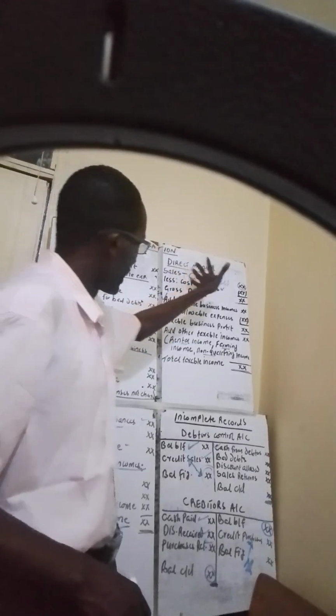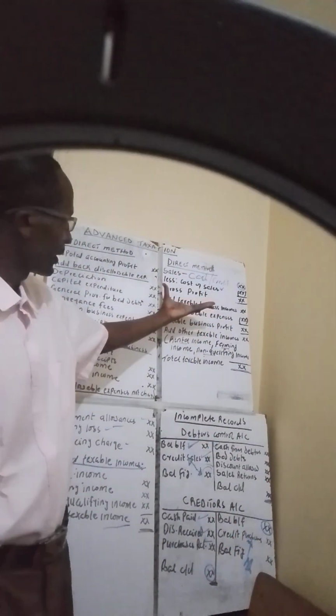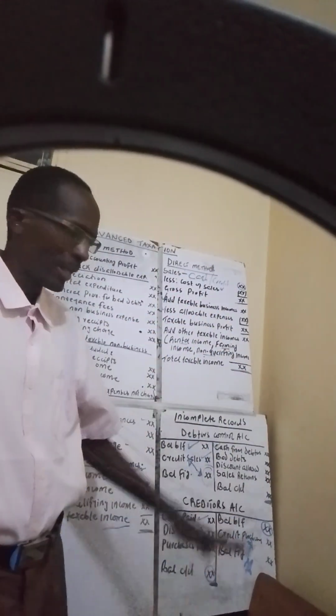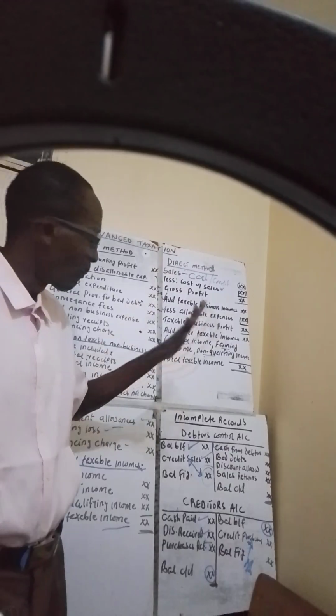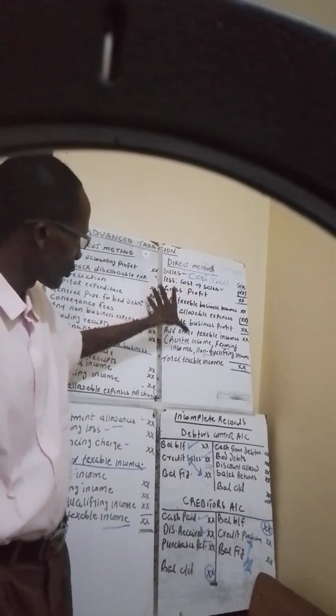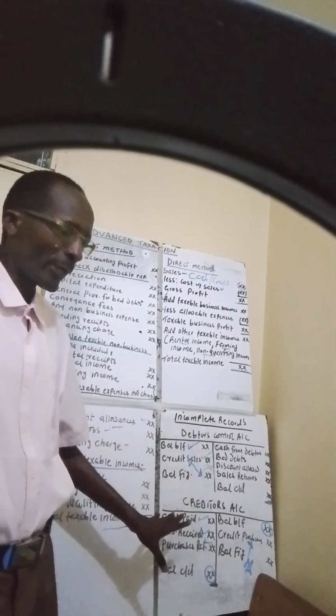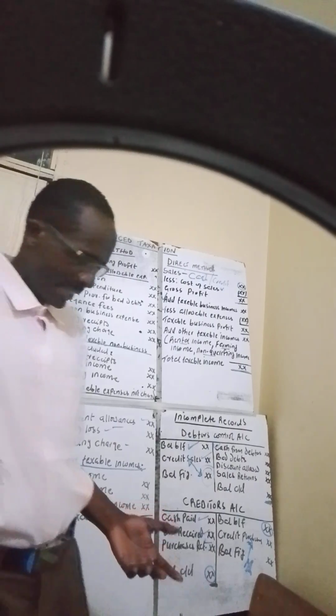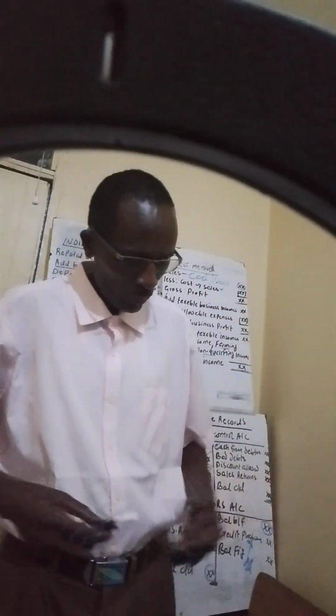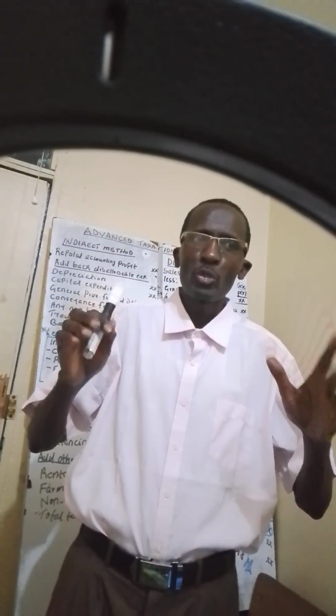And then the other is the direct method. And this one mostly involves situations where there are incomplete records. And I've shown you how to go about the incomplete records. Now, the last thing that you may look at is how to prepare the partners distribution schedule.